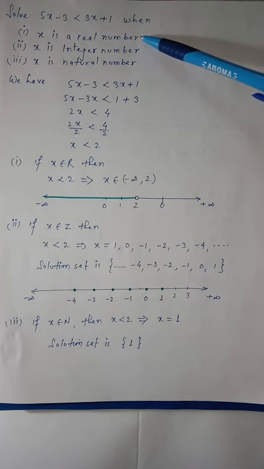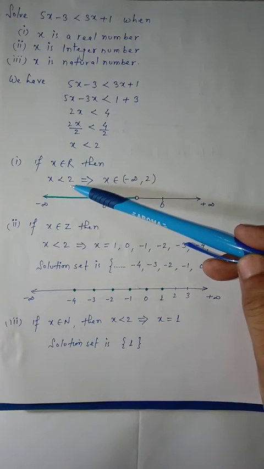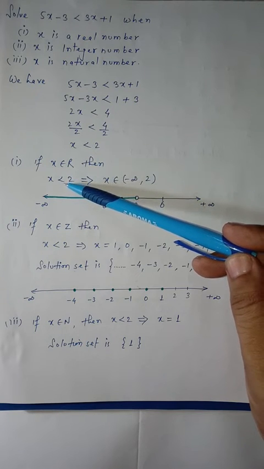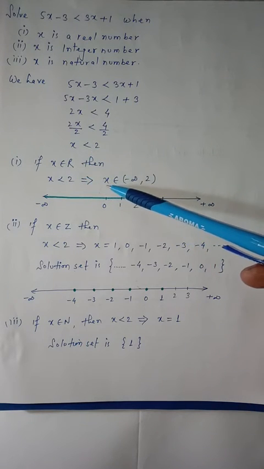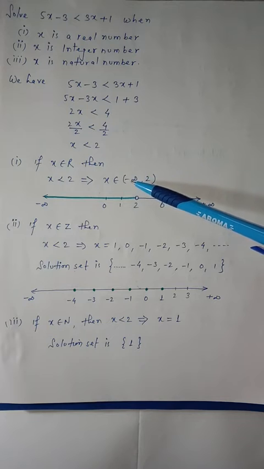First case, x is a real number. So when x belongs to R, we can write this solution in interval form. So x is less than 2. It means x belongs to the open interval from 2 down to minus infinity. So this is the solution when x is a real number.